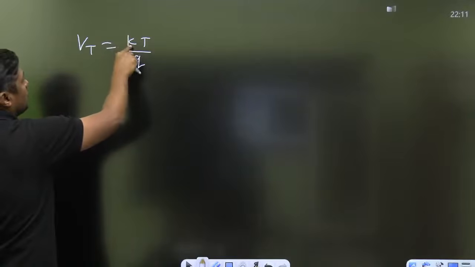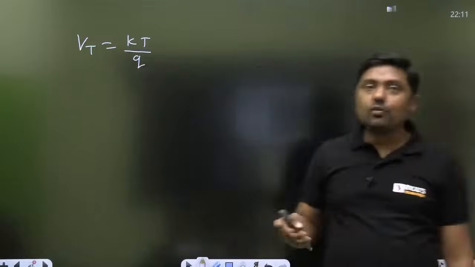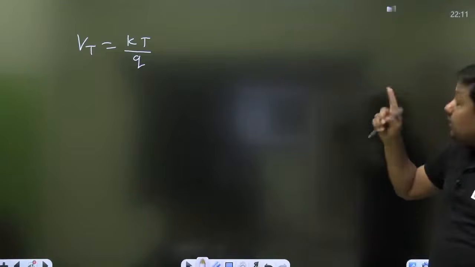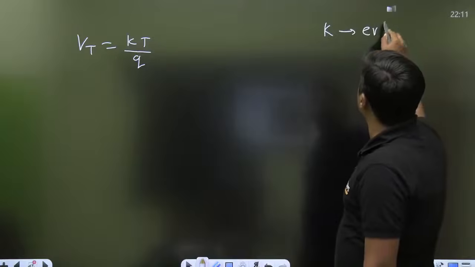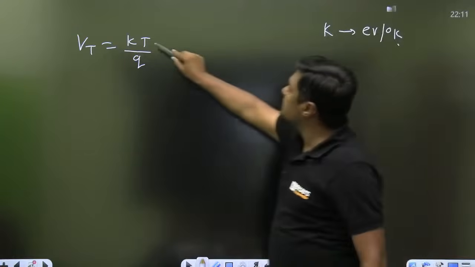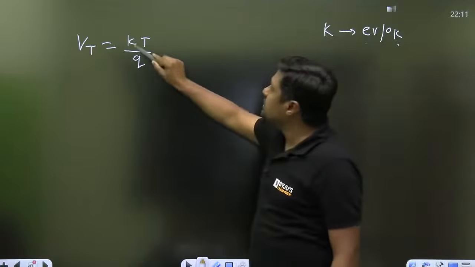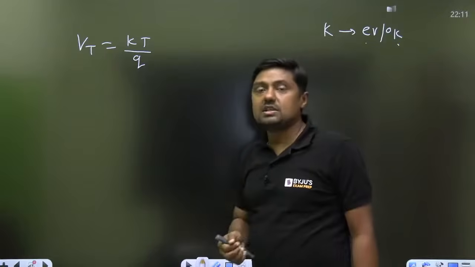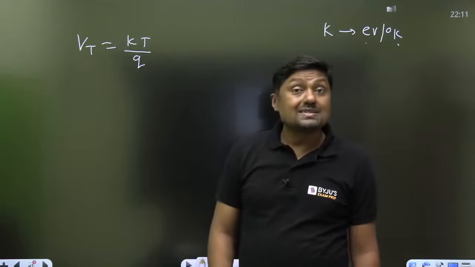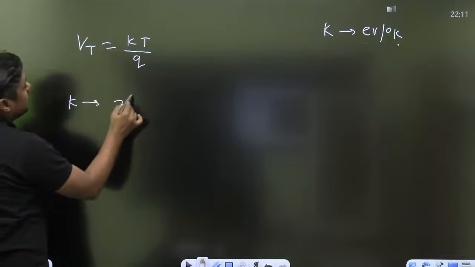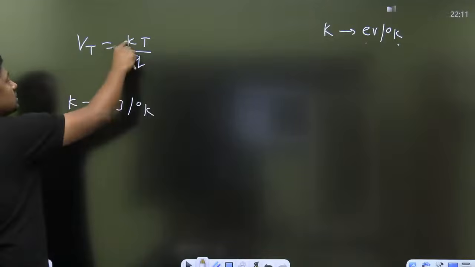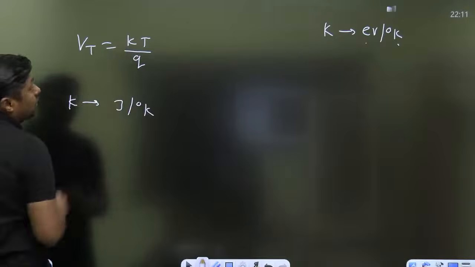Okay. If you are putting it in electron volt, then there is no need to put the value of Q here. Q will cancel out and you will directly get T by 11,600. First of all, go through the table, use the value of k in electron volt per degree Kelvin. Kelvin cancels out, this e and that Q cancel out and you will get the answer, that is 11,600. Second, if you are going to put k in Joule per degree Kelvin, then you have to put the value of Q also.